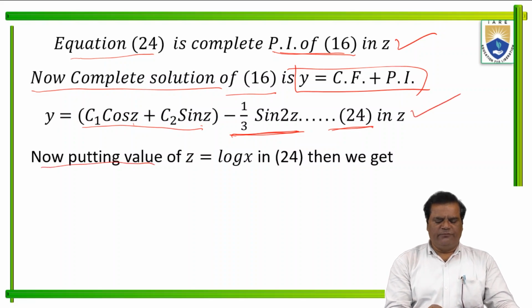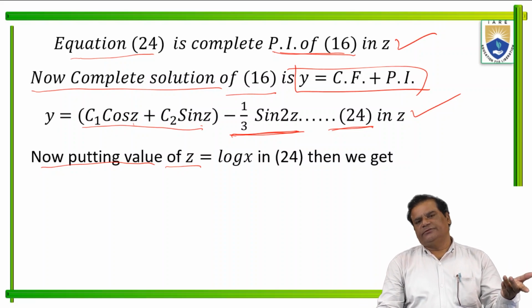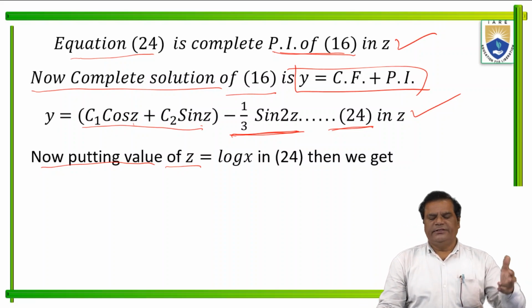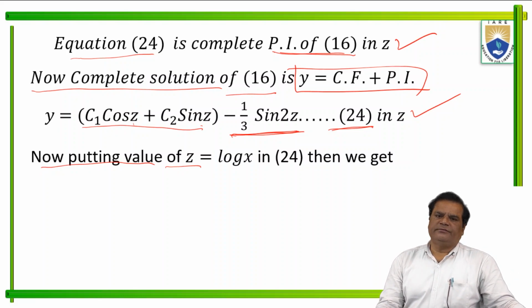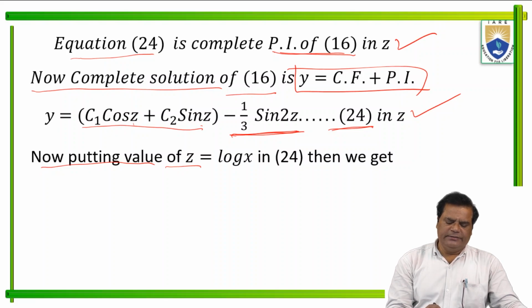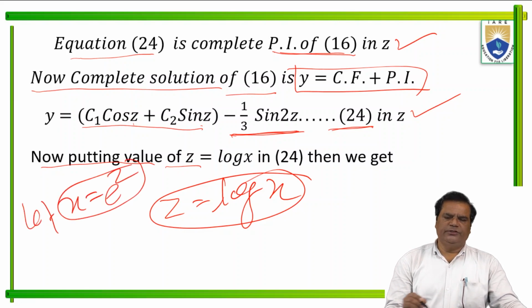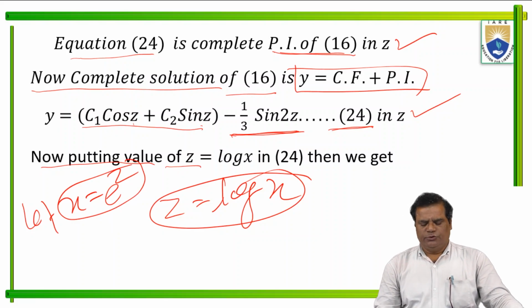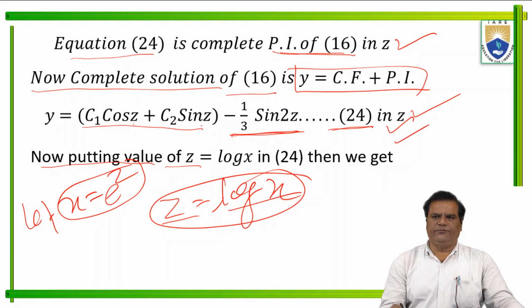Now at last we convert z into x, and then we get the solution of the first question. So what is z? z equals log x, because we let x equal to e to the power z. This is the first assumption. So we put z equal to log x in solution 24.